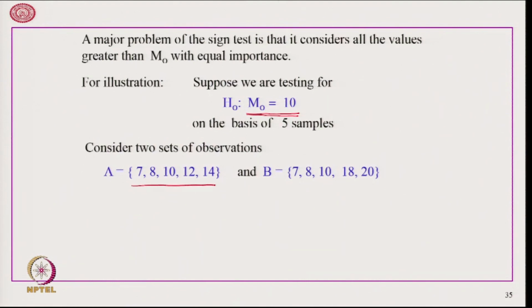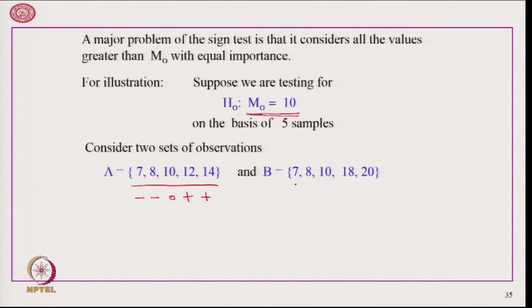In this case, what is going to happen? We will have minus minus, this is 0, we can ignore, plus plus. So, number of plus signs and number of minus signs are the same, and we can feel that therefore, we can accept 10 to be the median of the population.